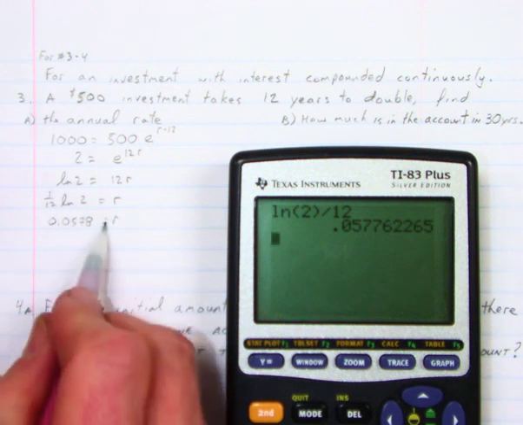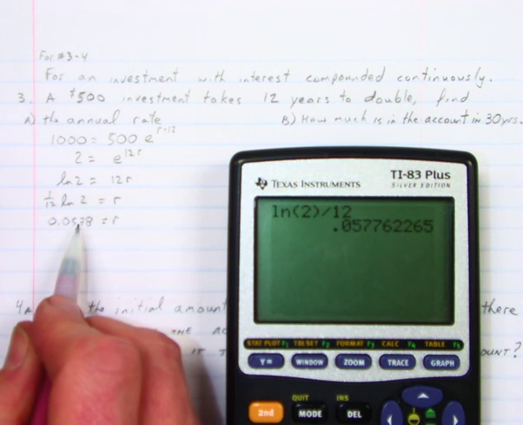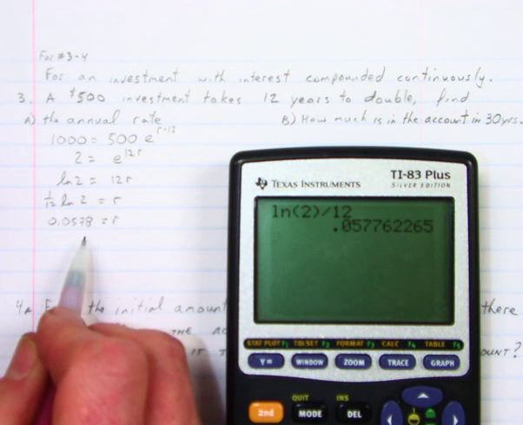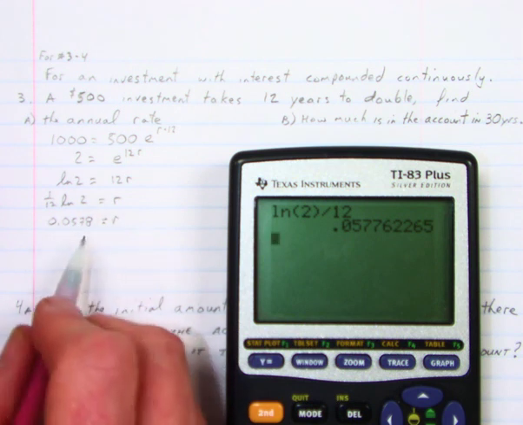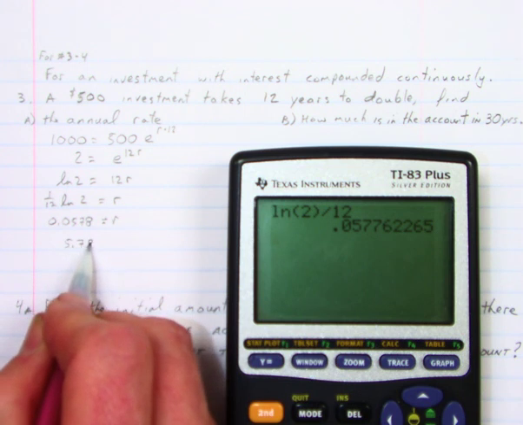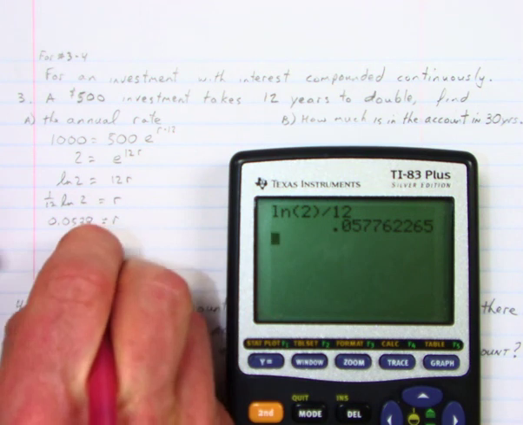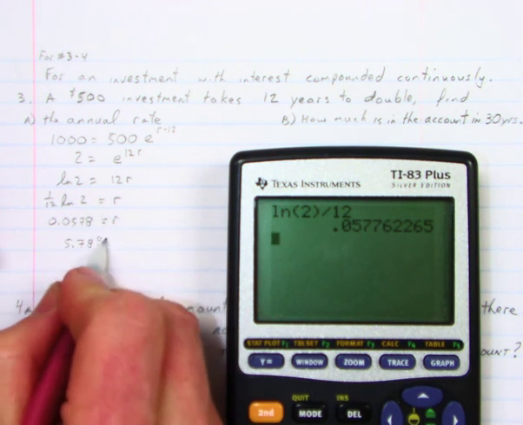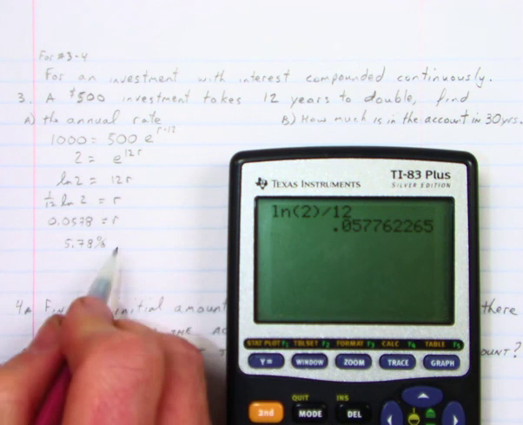Now, this is our percentage written as a decimal. So convert it to a percent, we would have approximately 5.78%, which would be our rate.